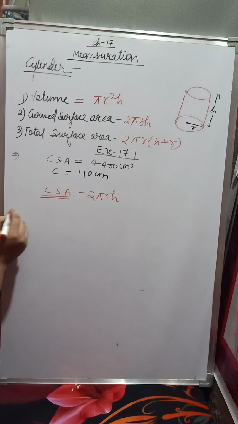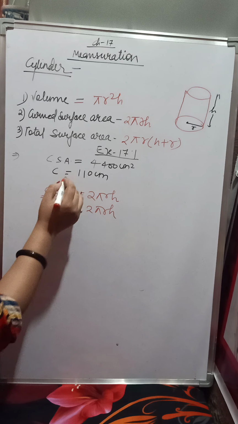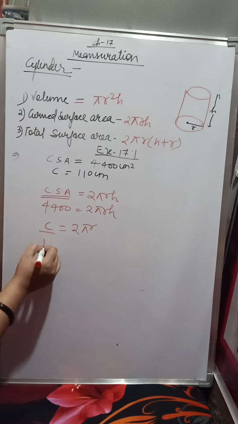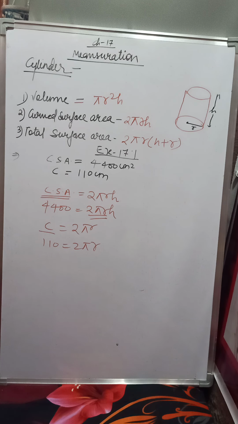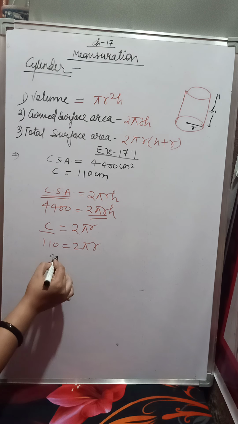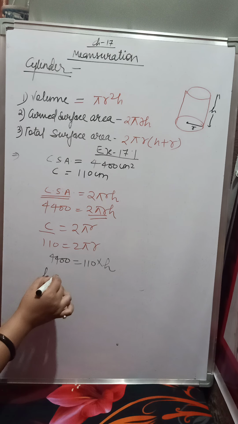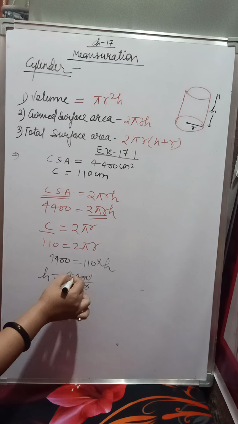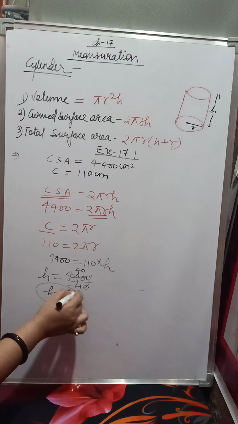In place of curved surface area, we have 4400 is equal to 2 pi r h. And we have circumference 2 pi r whose value is 110. In place of 2 pi r, we can write 110. So 4400 is equal to 110 into h. So h is equal to 4400 by 110. Height is 40 centimeter.